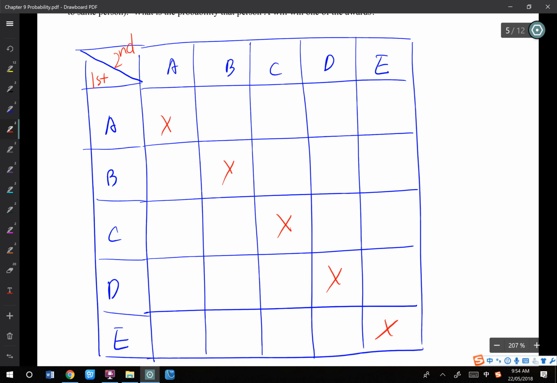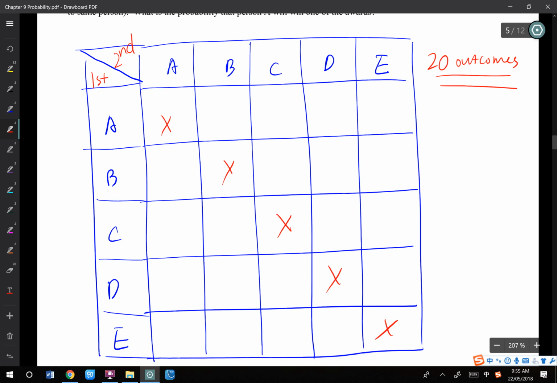So how many outcomes do we have in total? 16? Wait, 1, 2, 3, 4. Wait, 4, and 5 columns. It's 20, not 16.